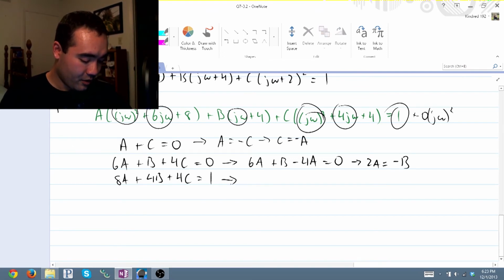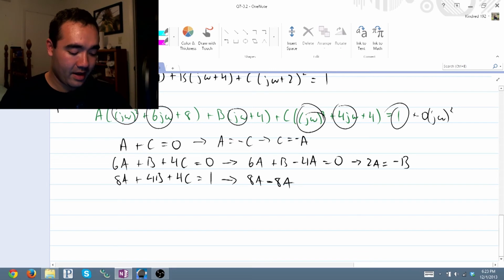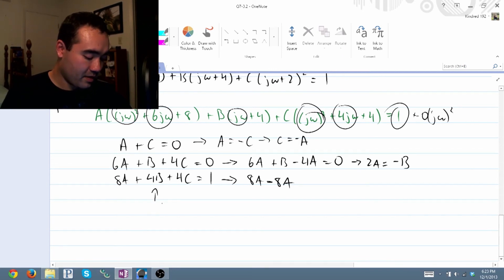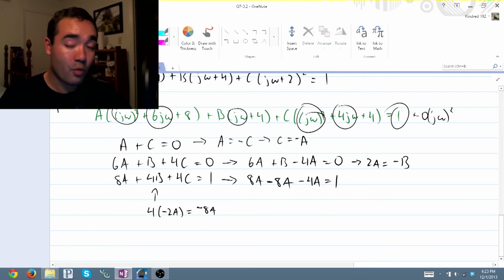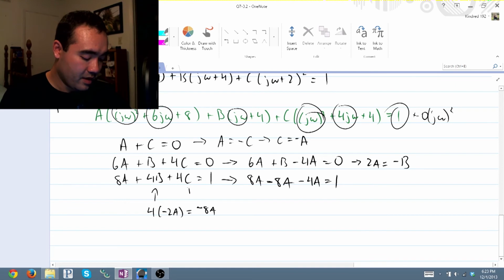If we plug both of those in here, we'll have 8a minus 8a, because if negative b equals 2a, then 4 times negative 2a is negative 8a, minus 4a equals 1, because, as you know, c is equal to negative a.